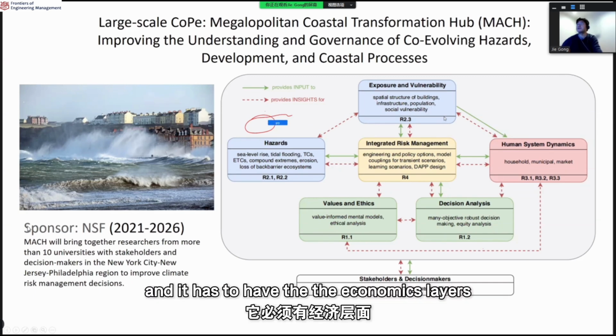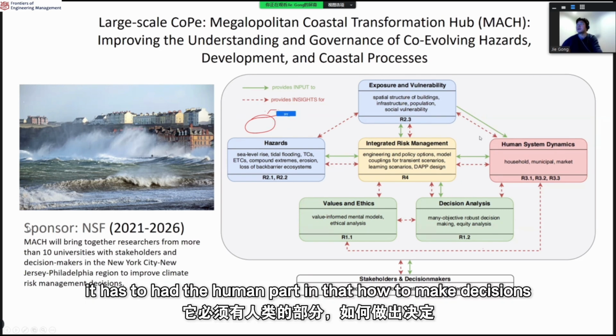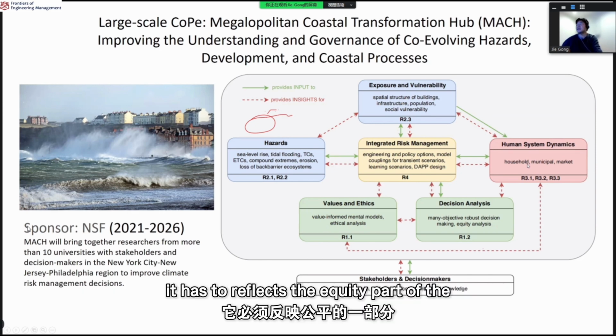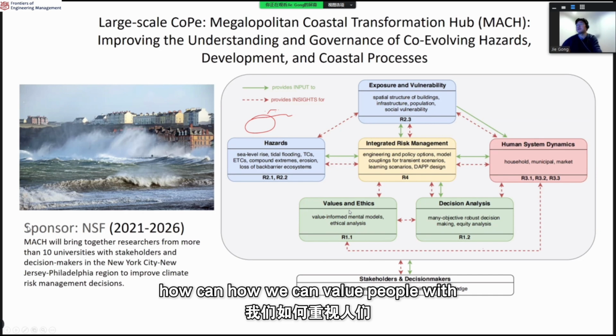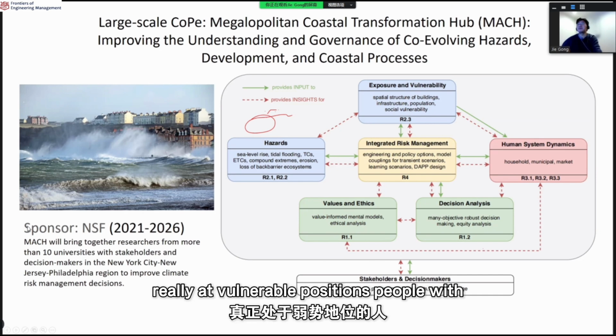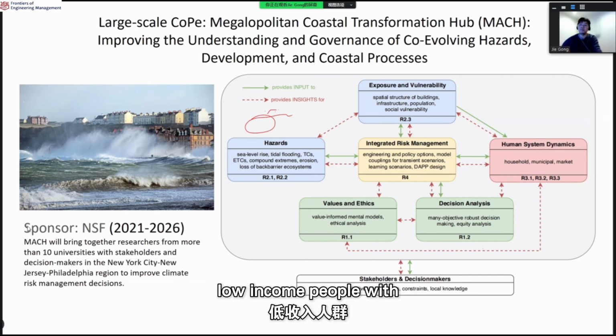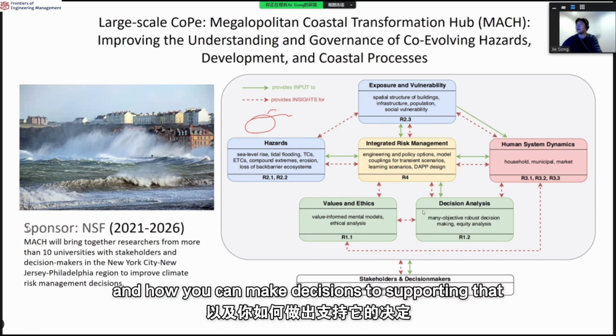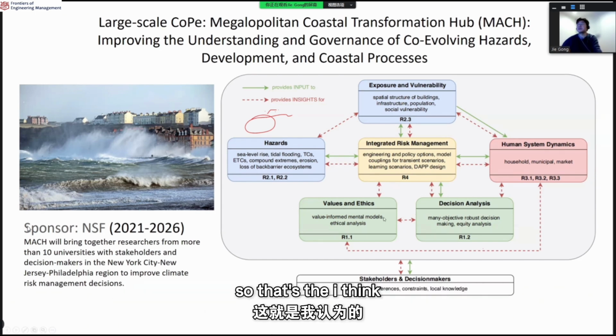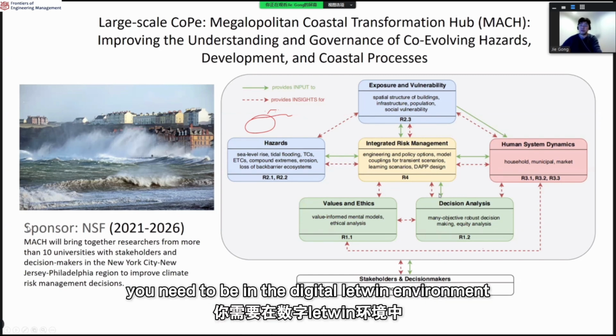And it has to have the economics layer of it. It has to have the human part, how to make decisions. It has to reflect the equity part of it, how we can value people in really vulnerable positions, people with low income, people with other types of challenges, right? And how you can make decisions to support that. So I think that really speaks to what you need in the digital twin environment.